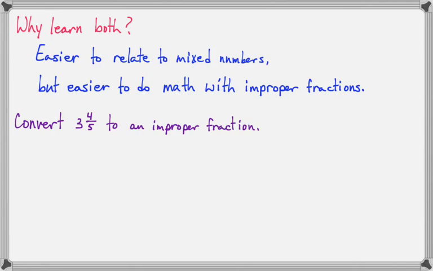So let's start out by converting 3 4/5 to an improper fraction. Now, 3 is the whole number, and 4/5 is the fraction. So whatever this represents, whether it's pizzas or boxes of pencils, we've got 3 whole ones and 4/5 of another one.